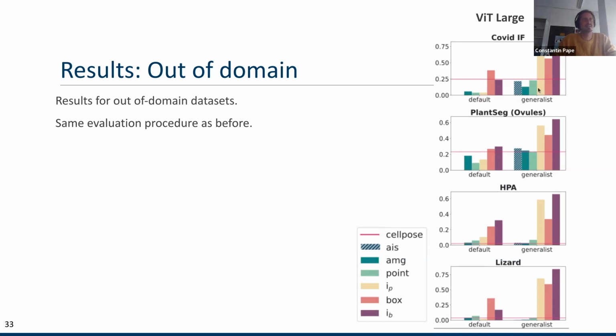And this red line is here the CellPose Cyto2 baseline. In general, we see that the automatic segmentation is more or less similar to CellPose. I think if you average out, it's a bit worse, but what we get is, of course, this interactive segmentation capability in addition to it.